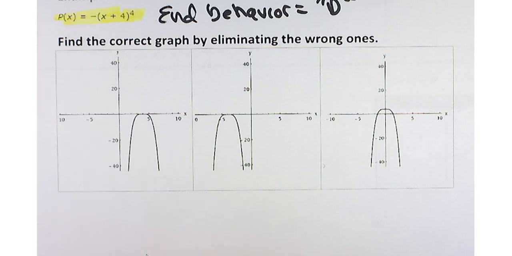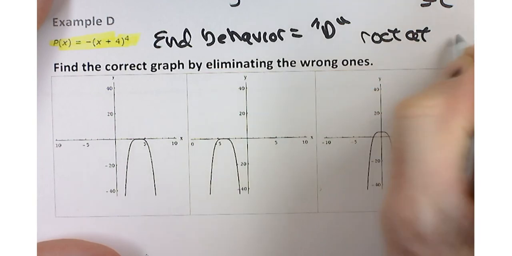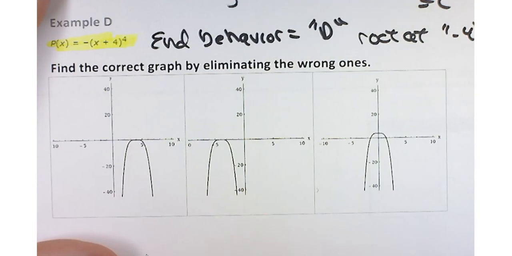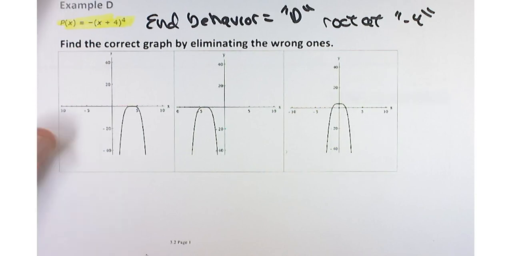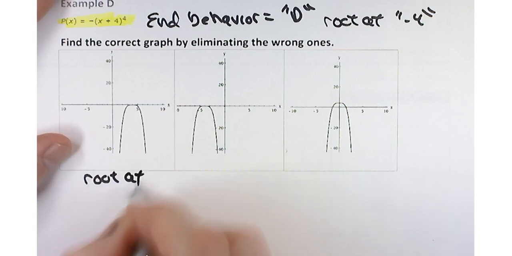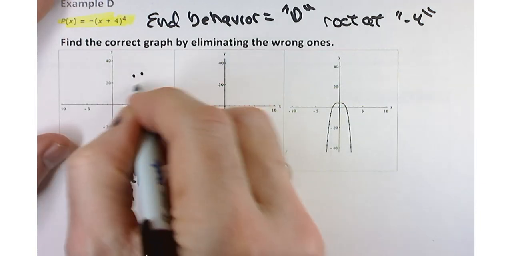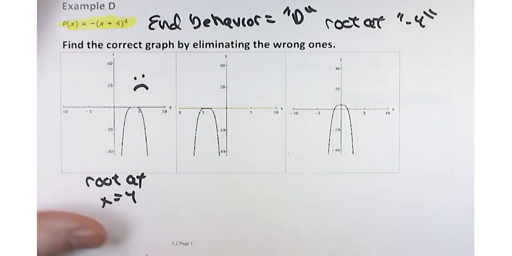You read it as saying x plus 4. Yeah, so it's going to have a root at negative 4. Does that help me out? Yeah, because we can eliminate this one. This one has a root at x equal 4. Well, put a little frowny face there. That's not what we wanted. How about this third graph? What's wrong with that one?